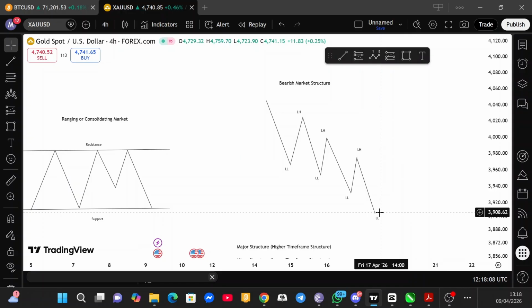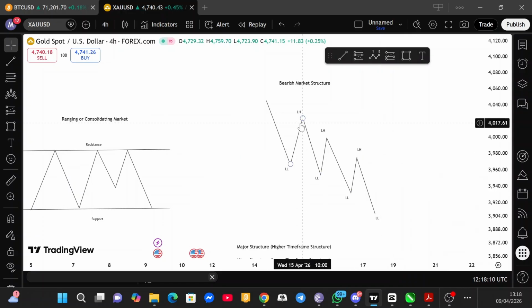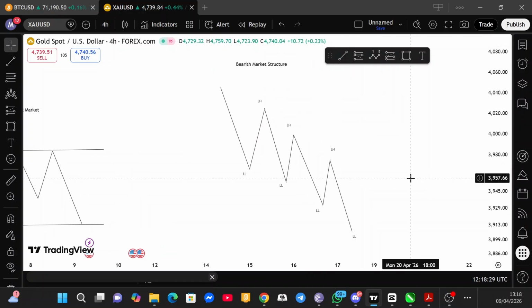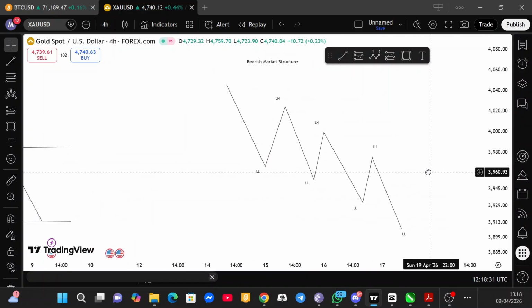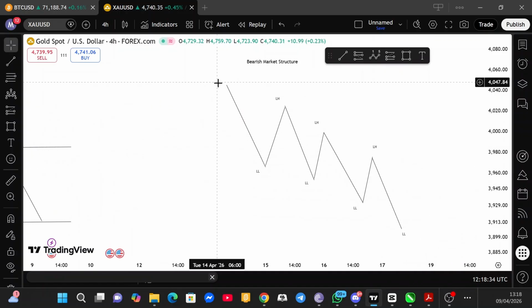Now, what you will notice in this market is that each new lower high is lower than the previous high. That's why it's called a lower high. And each new low is lower than the previous low. When you identify this in the market, we'll say the market is bearish. When the market is bearish, we look for selling opportunities.